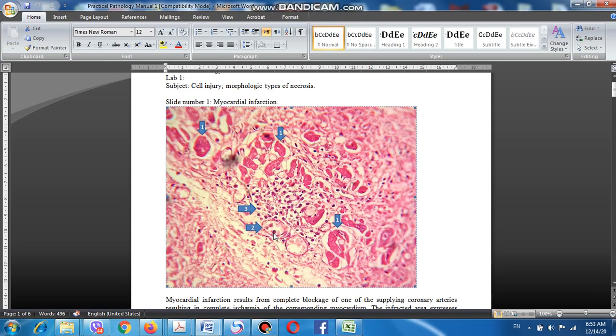Neutrophils are immigrating to the necrotic area, all the black dots that you see. They will start to invade the necrotic area, and neutrophils will start to digest necrotic cells. We will learn about this in inflammation in the next lecture. This is an inflammatory response in association with myocardial infarction.